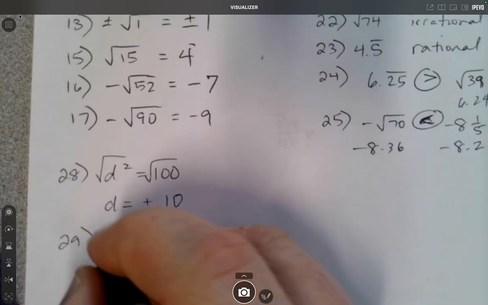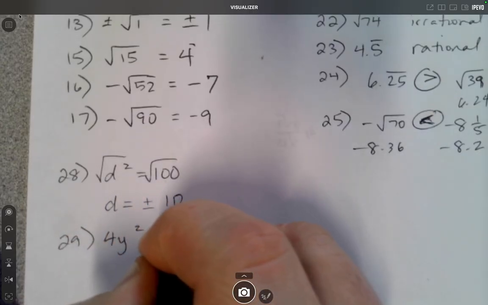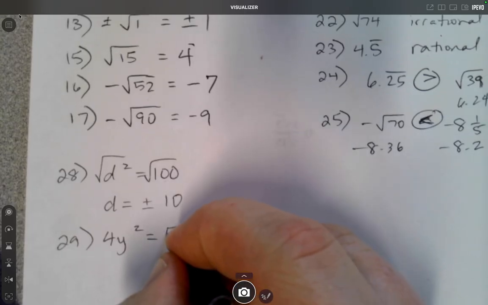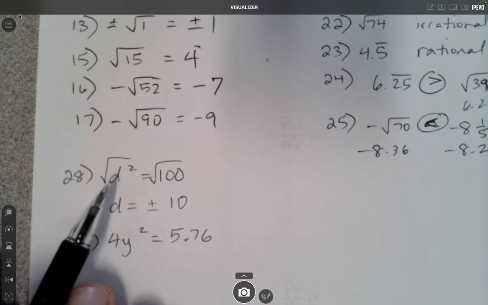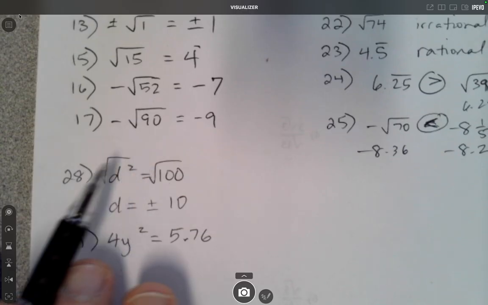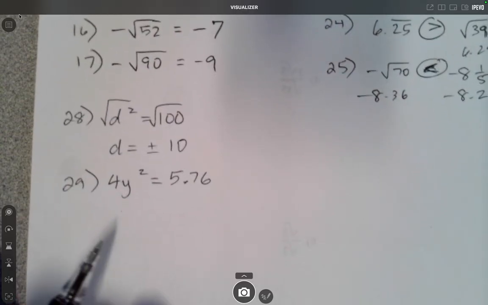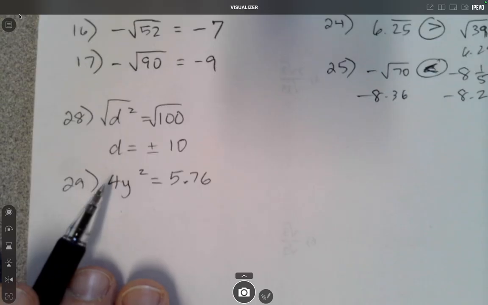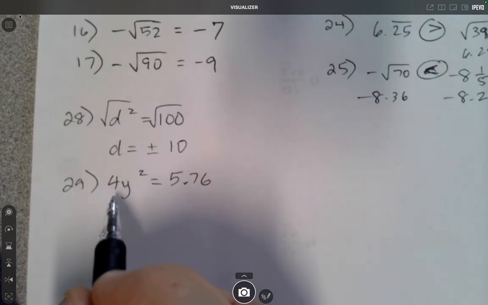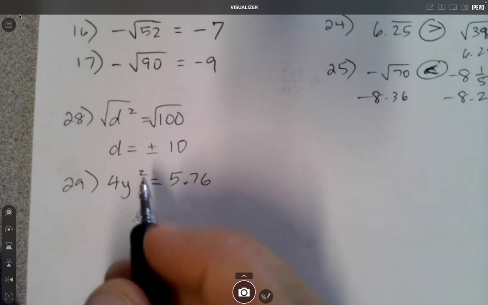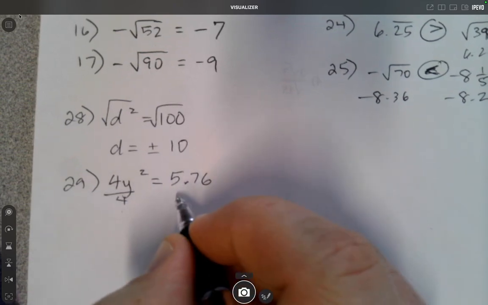29, we have 4y squared equals 5.76. So notice the difference between these two. This one just had the squared. There was nothing else with the d except the squared. This one has the squared and the coefficient of 4. So we have two steps on this one. Before we take the square root to get rid of the squared, we have to divide both sides by 4.